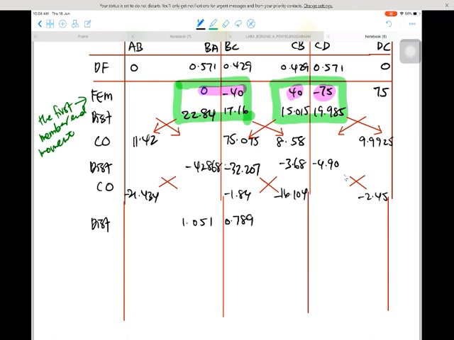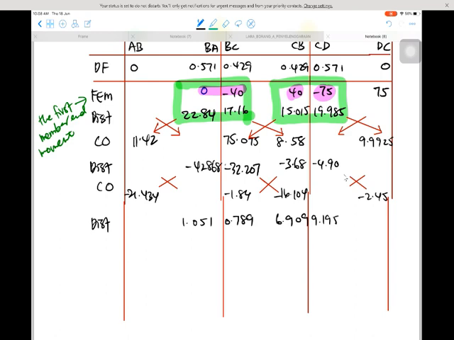16.104 times 0.429, it is positive 6.909. 16.104 minus 6.909, it is 9.195.